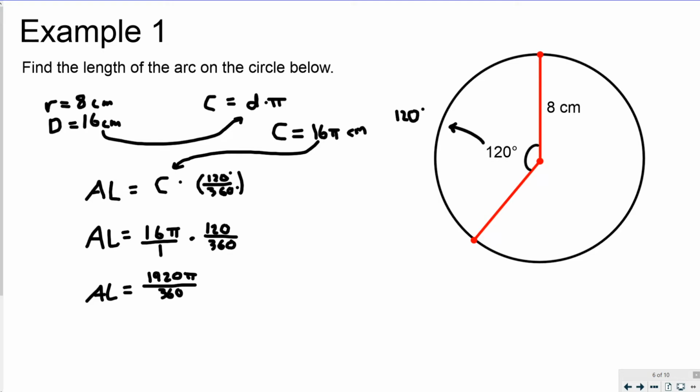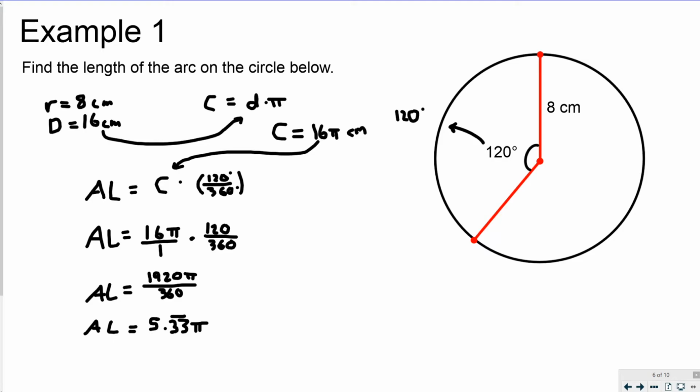And I get a decimal, 5.333 repeating. You could write it like that, that would be all right. Arc length would be 5.33 repeating pi. But I would prefer that you have your answer in a fraction.